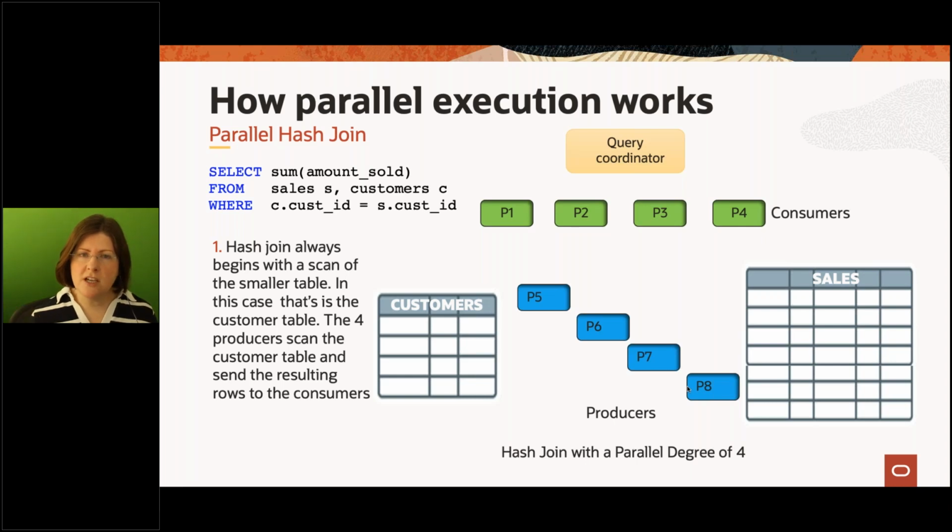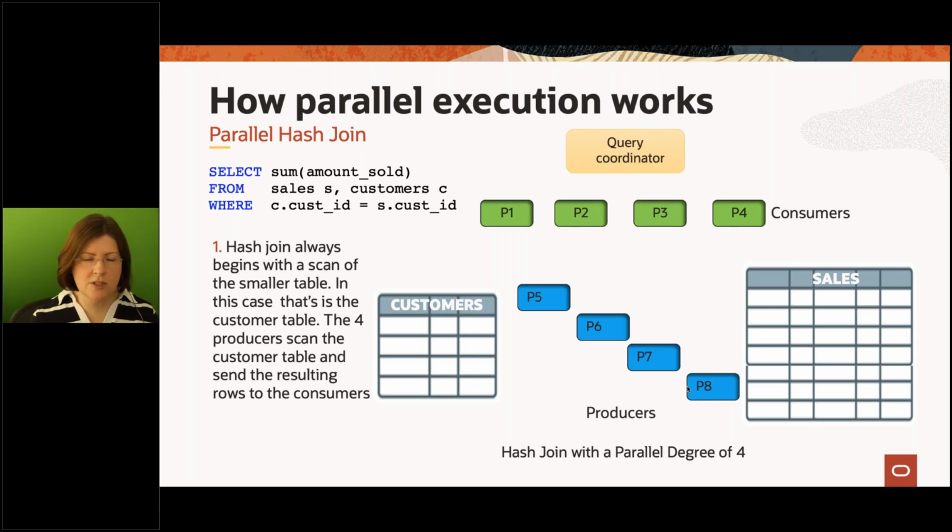But oftentimes we'll actually use multiple sets of parallel server processes to do different work inside the query. You often see this when you've got a multi-step execution plan. If I've got a very simple SQL statement, select a column from a table where, a one-table query with very simple where clause predicates, I'll have one set of parallel server processes.